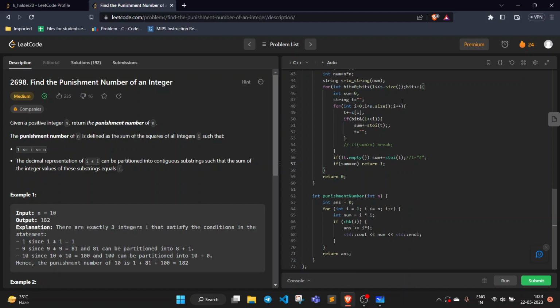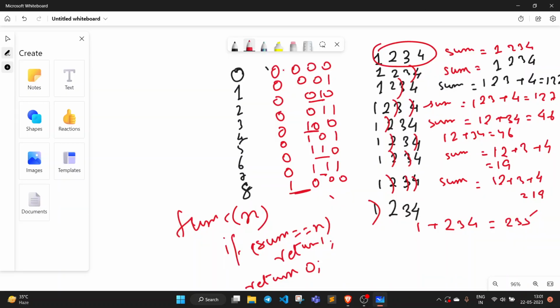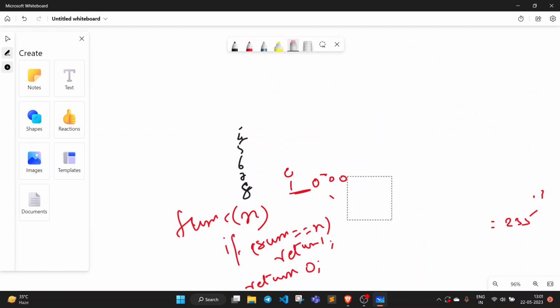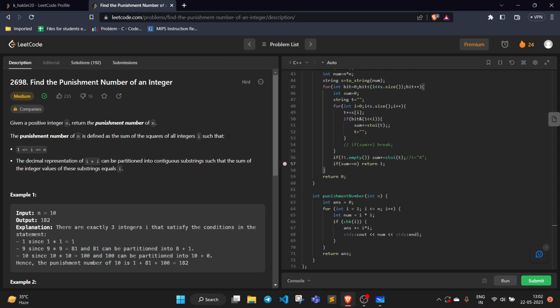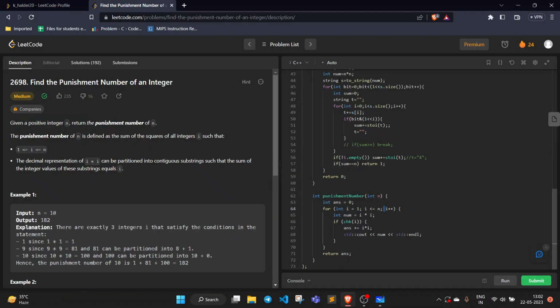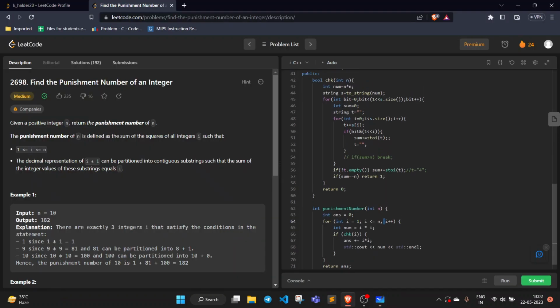So let's discuss the time complexity now. We are traversing here from 1 to n, so there will be O of n into O of this check function.